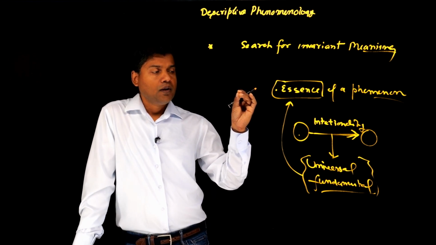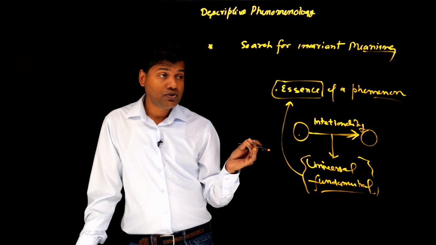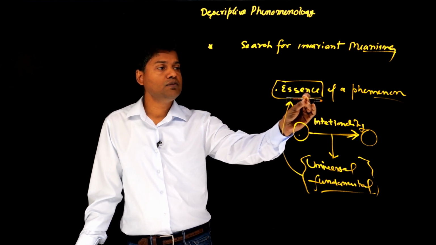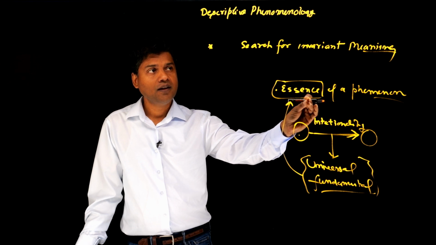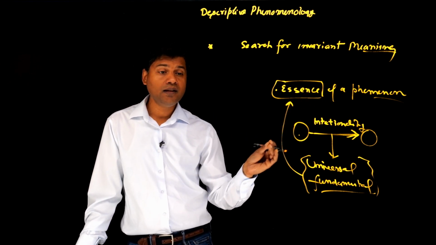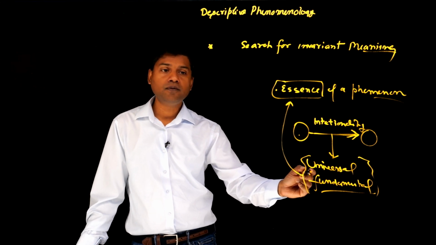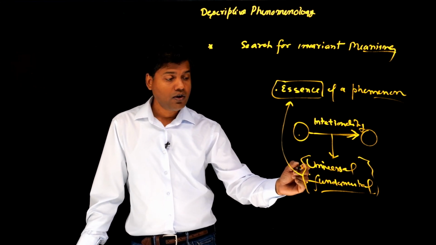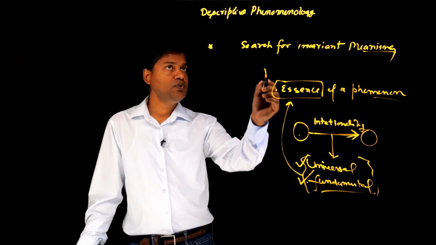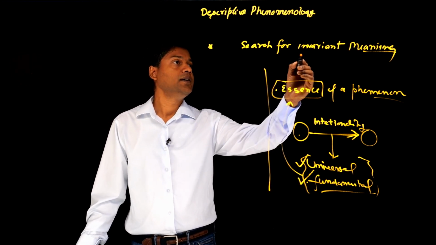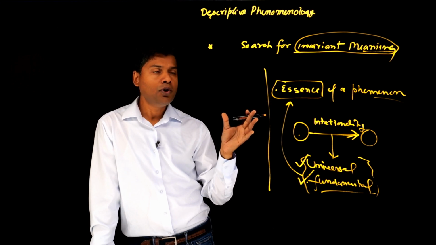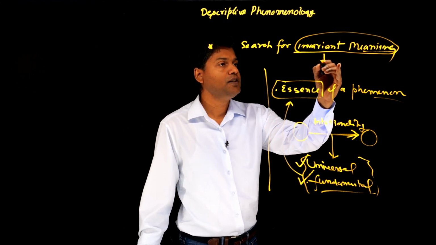So Giorgi doesn't want to use the word essence, because he does not agree that there is a universal fundamental structure of intentionality or experience. Instead, he used the word invariant meaning. Invariant meanings, in other words, is basically nothing but theme.